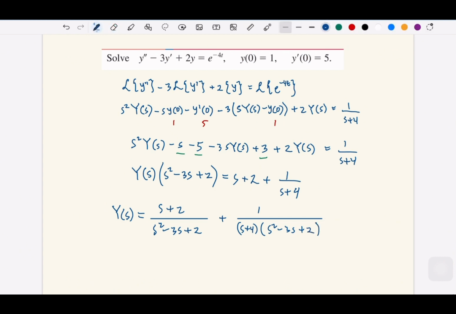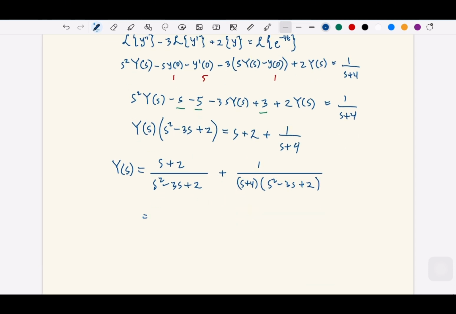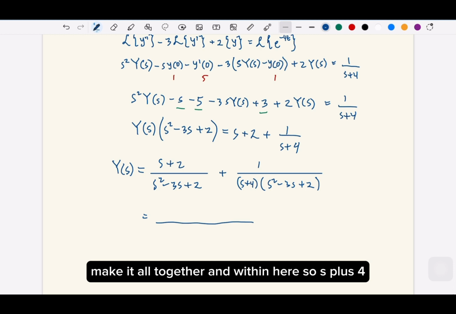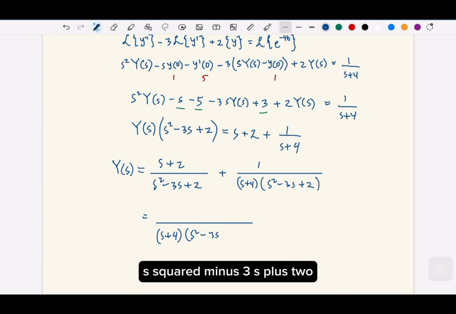Okay. And then perhaps we would like to make it all together within here, so s plus 4 times s squared minus 3s plus 2.